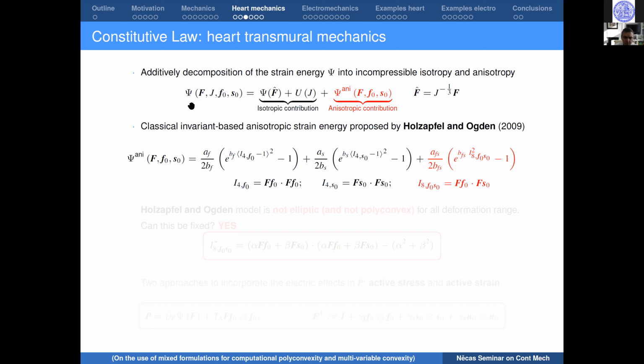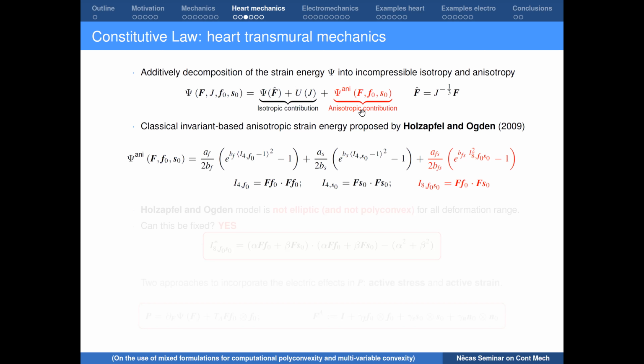We have a decomposition of the energy into an isotropic contribution, which you can see here, which is indeed a split into two components, a deviatoric and a volumetric. The hat on top of the F represents the deviatoric energy.